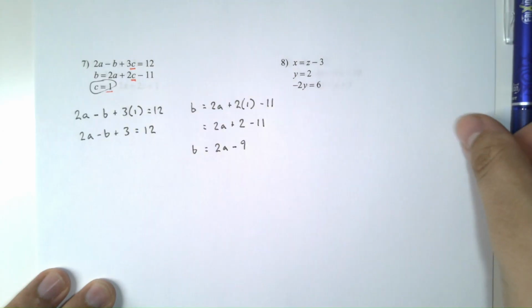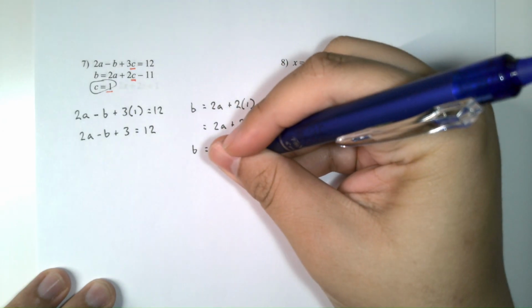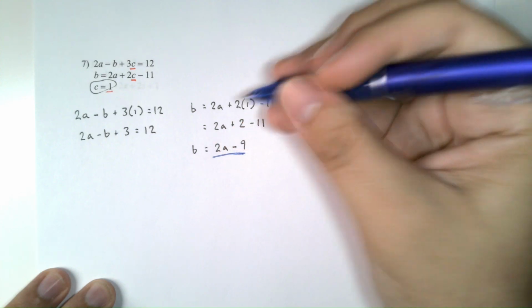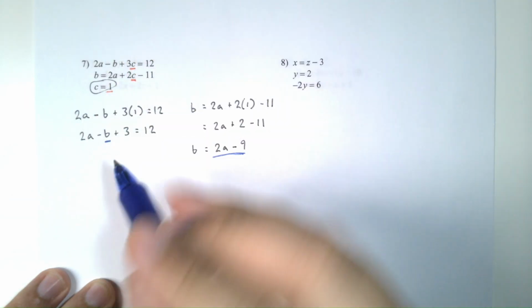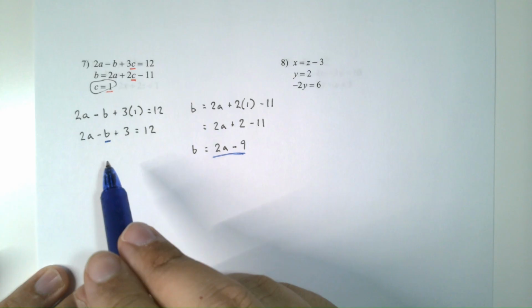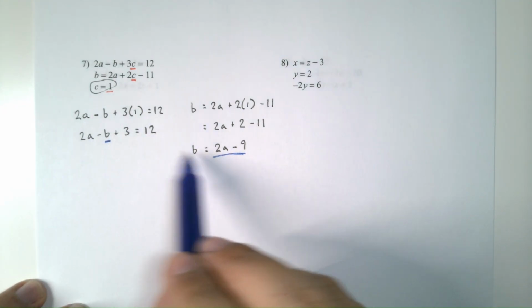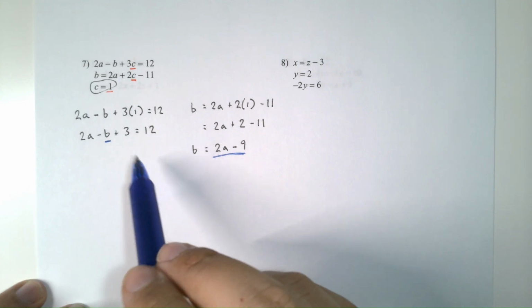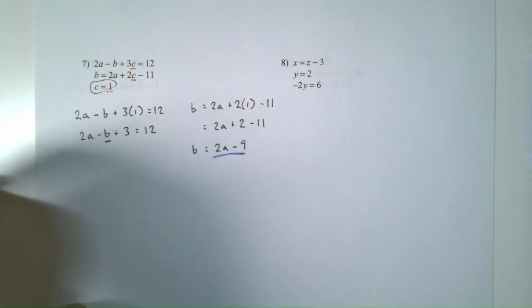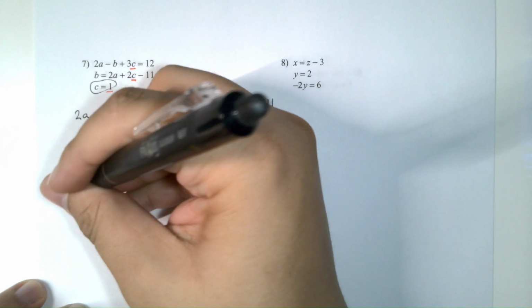And if b is equal to 2a minus 9, we can take this right here and substitute it in for the b that we see over in this equation. That will allow us to write this equation entirely in terms of a, and then we can hopefully solve for a. So let's see what we get.